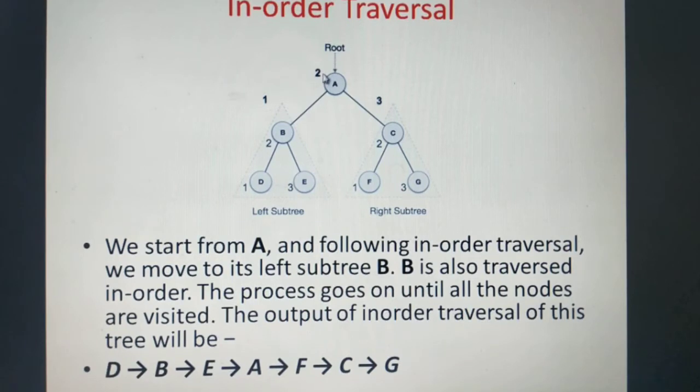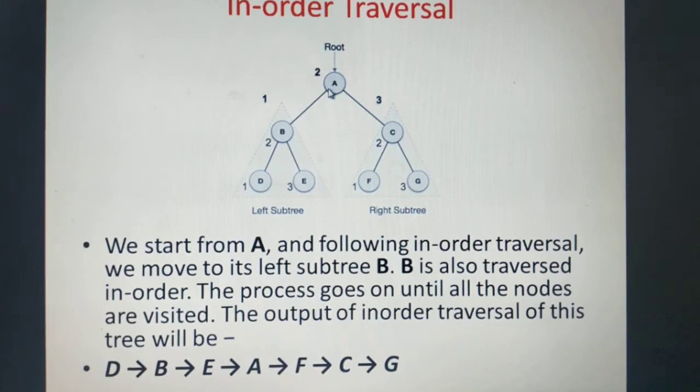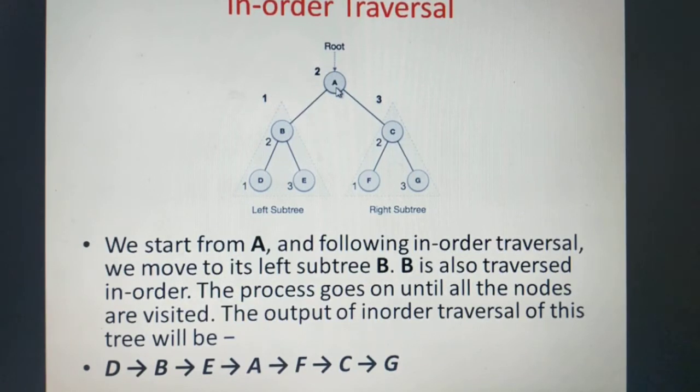What does the in-order traversal method tell us? We should always go left, root, and then right. We start from A, but then we follow in-order traversal, hence we move to the left subtree, this particular subtree.